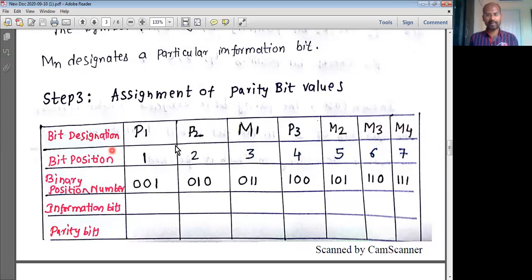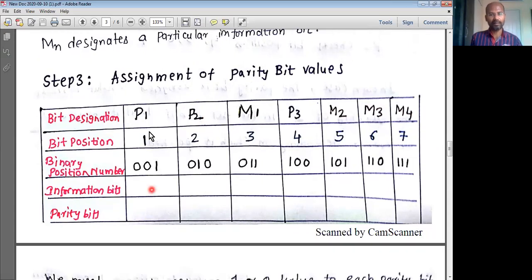In the third step, now we have to find out whether this parity bit is 1 or 0. It is digital. Digital means you will get only 1 or 0. So now we have to know what is the value for P1. Is it 0 or 1? What is the value for P2? Is it 0 or 1?